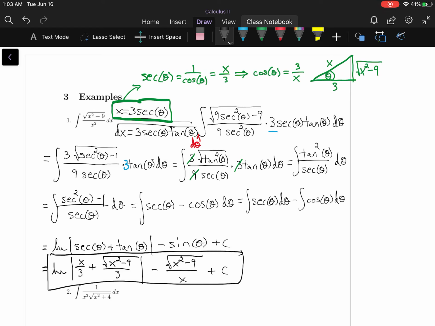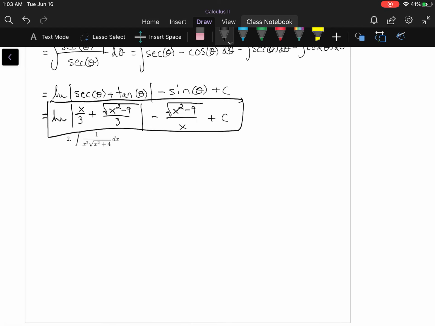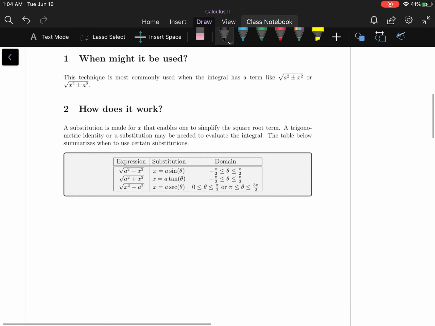Let's do another one and continue practicing with this. You'll see that this second integral has a square root of an x squared plus a squared form. So looking at this table, that is related to the second expression. So we're going to let x be a tan theta, where a comes from the square root of 4.